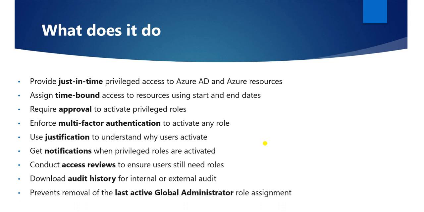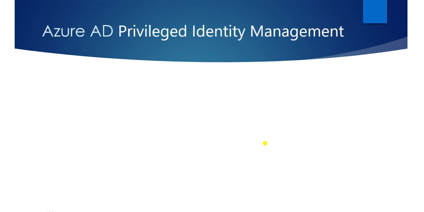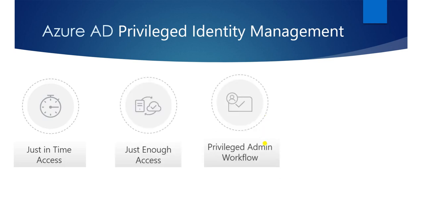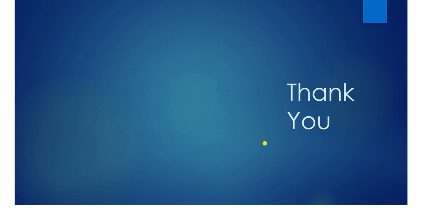It also prevents removal of the last active administrator role assignment. And now let's have a look at just-in-time access, what we'll do with Azure Privileged Identity Management: just-in-time access, just enough access or privileges, admin flow, and audit ready.